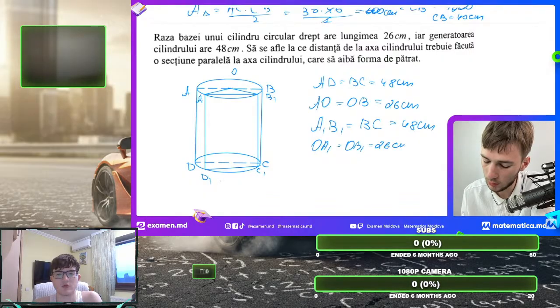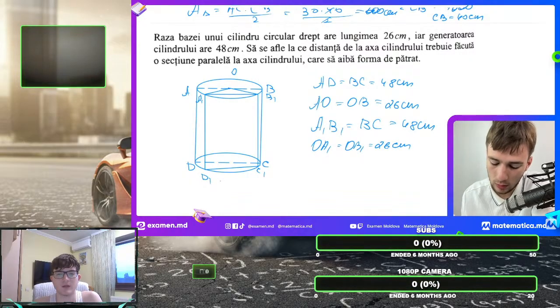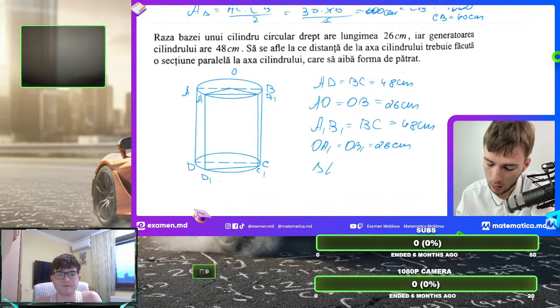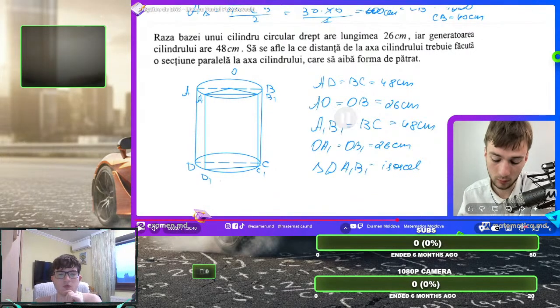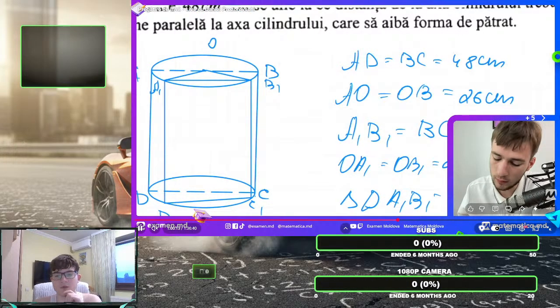OB1 is 26 centimeters. What? And then what? Triangle, this one has two of the same length. Triangle D A1 B1. What? What triangle is that? Let's just skip this one.